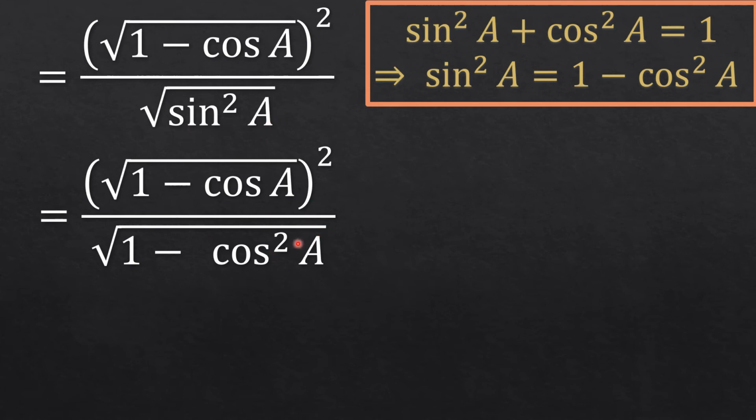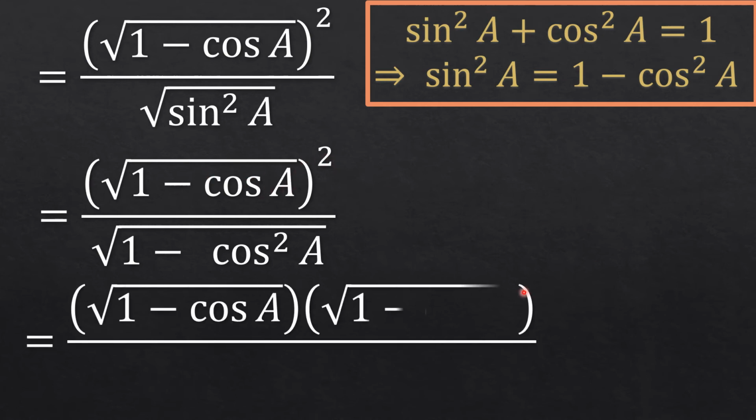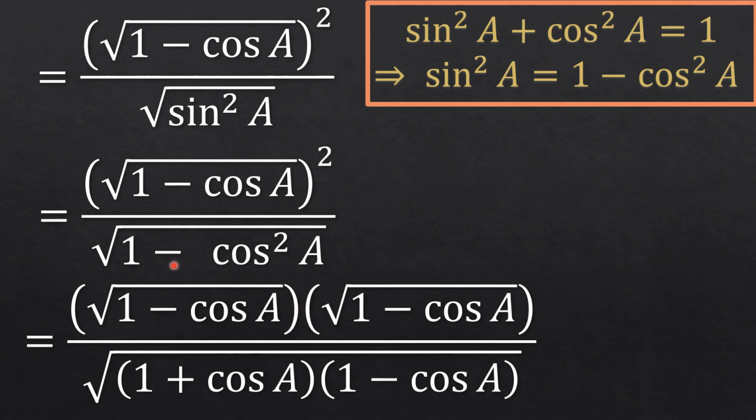Now I can further modify this expression. Since there is a square, I can write this as (a plus b) multiplied by (a minus b). Here I have just applied the identity of a square minus b square. You know what that identity is? A square minus b square is equal to (a plus b) multiplied by (a minus b), right? Crystal clear understanding is happening or not? Very good.